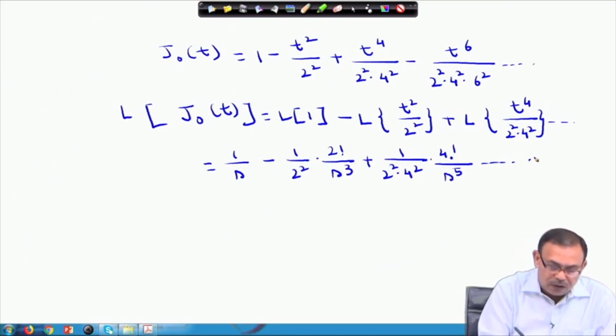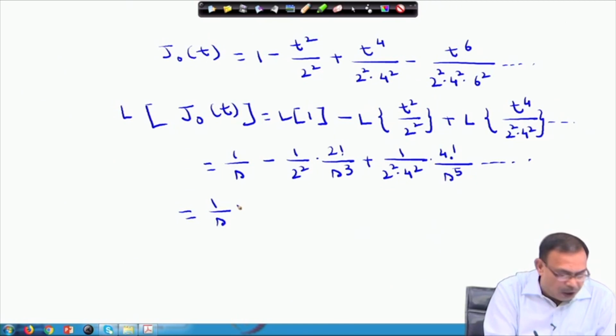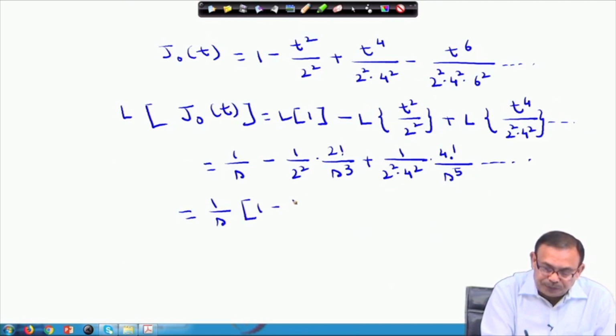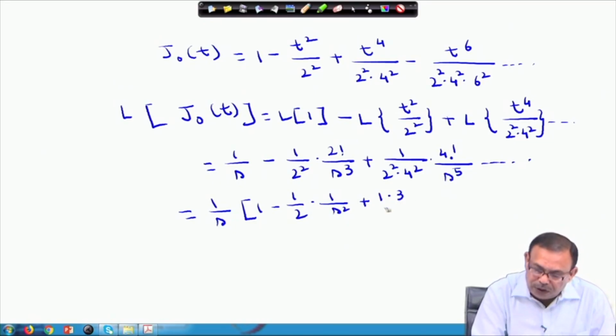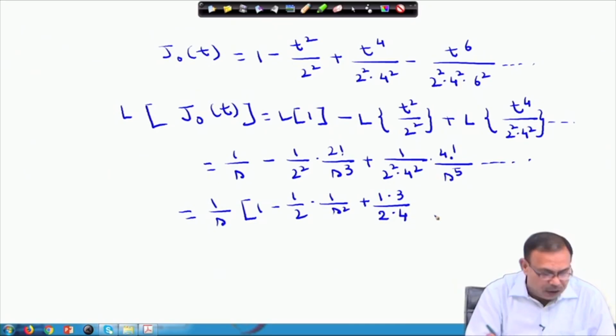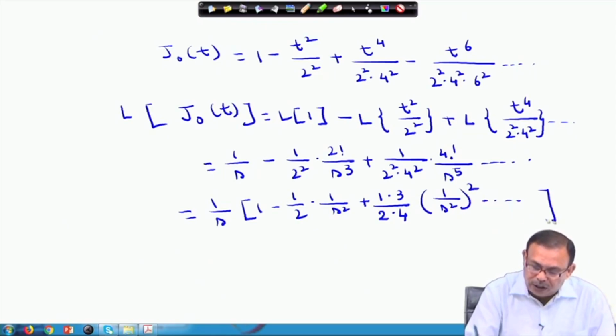So, if you take 1 by s common, you will obtain 1 minus half into 1 by s square, plus here factorial 4 is there, so you will get 1 into 3 and here 2 into 4, and 2 and 4 will cancel. So, it will be 1 by s square whole square, and like this.